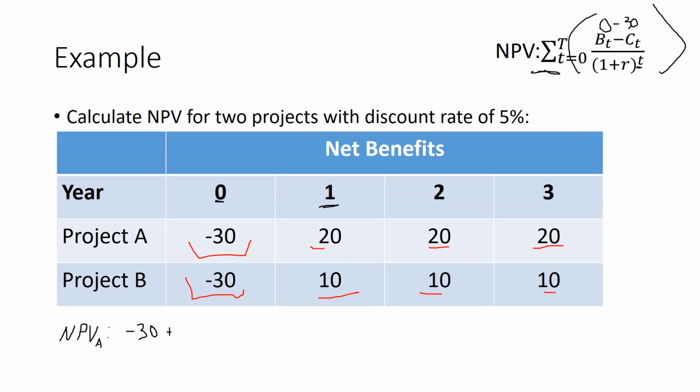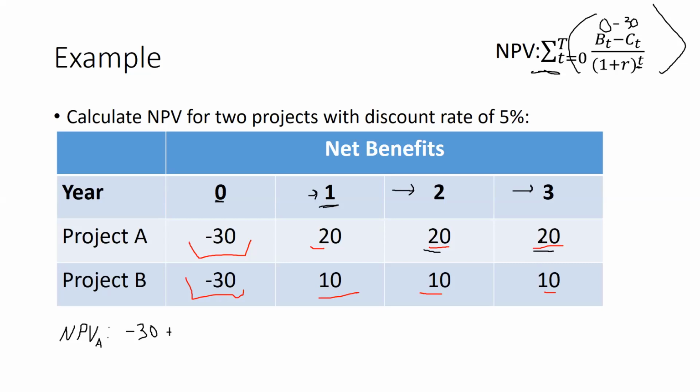No, because as we can see from this table, we pay $30 in year 0. We get a benefit for Project A of $20 in year 1. A year passes, we get another benefit of $20 in year 2. Another year passes in this 3-year project, we get another benefit of $20 in year 3. But remember, we have to discount them because there's a time value of money, because we have time preferences over money.